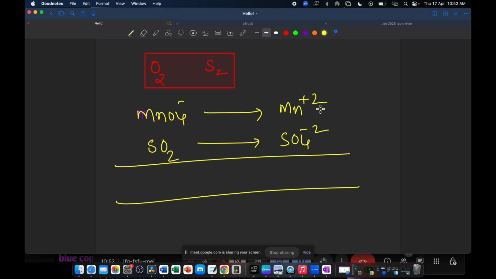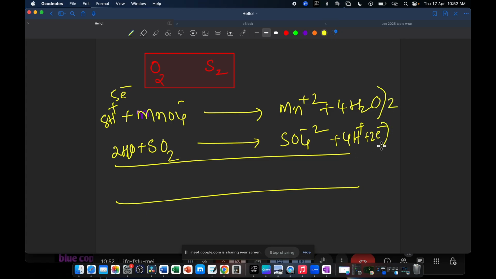This is going to be 4H2O, here it is 8H plus and 5 electrons. This is again the same, 2 moles of H2O, 4 moles of H plus and 2 electrons. But the electrons are not matching here, so this one should be multiplied by 2 and this one by 5. So we cancel out these electrons and get the final reaction.